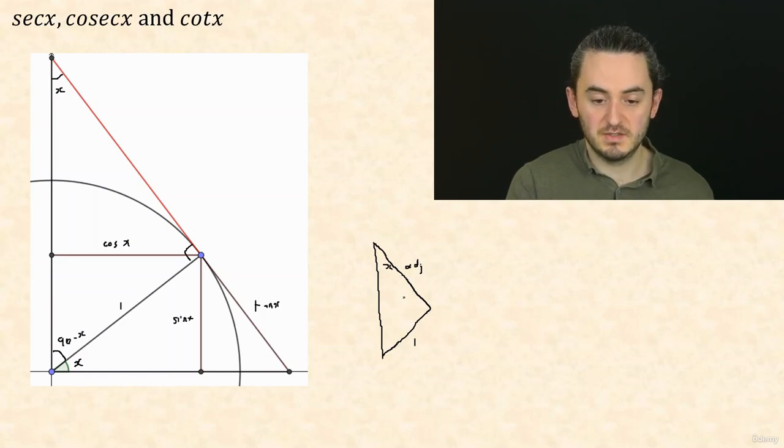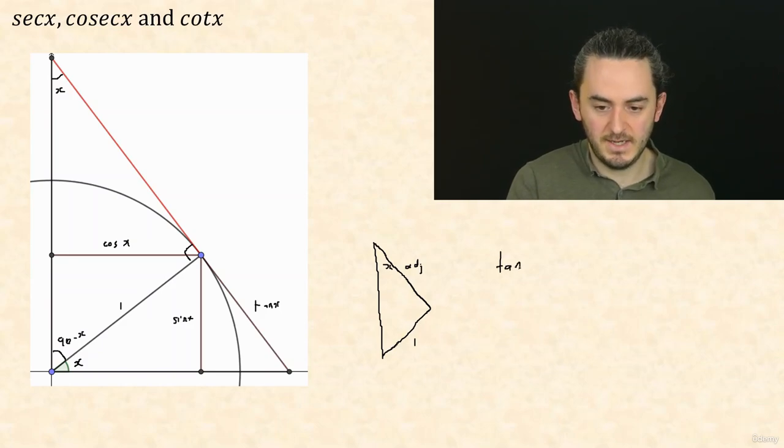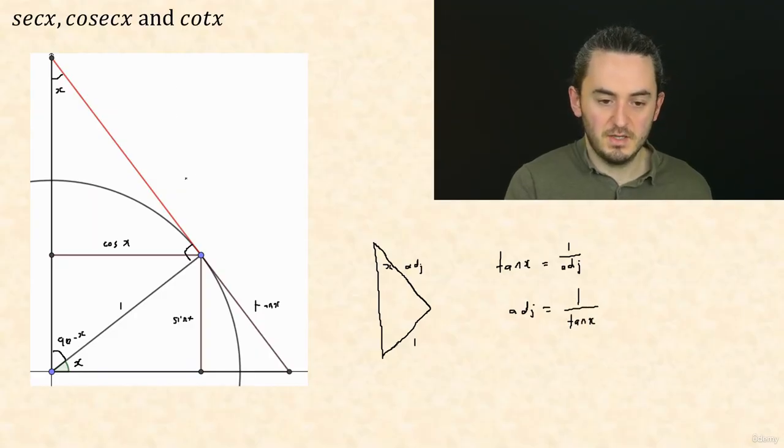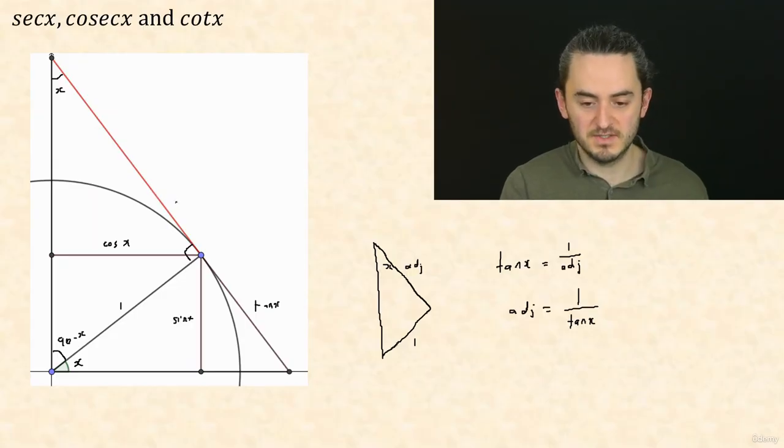So what links adjacent and opposite? Well, tan. So I know that tan x is the opposite, which is 1 divided by the adjacent. Okay, well, multiplying both sides by the adjacent and dividing both sides by tan x, I get that this adjacent side is 1 over tan x. So this red line is 1 divided by the tangent of x.